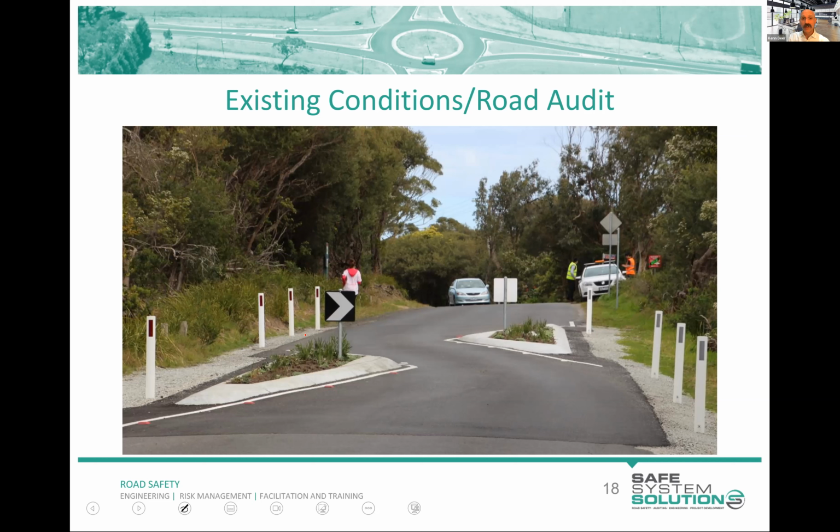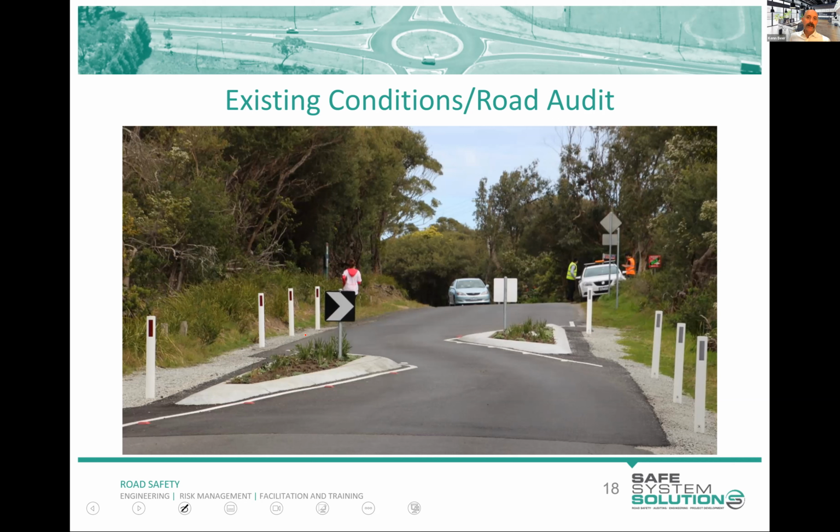Really, you can just use traffic volume and speed as a pretty good proxy for your regional network. It gets a little more complicated in urban environments, but use some sort of filter before you decide to go out and undertake road safety audits of these roads.